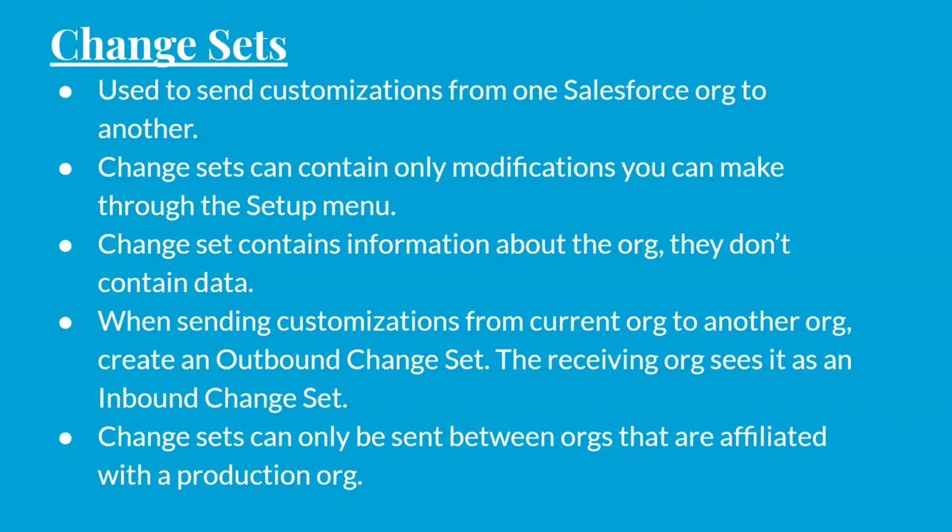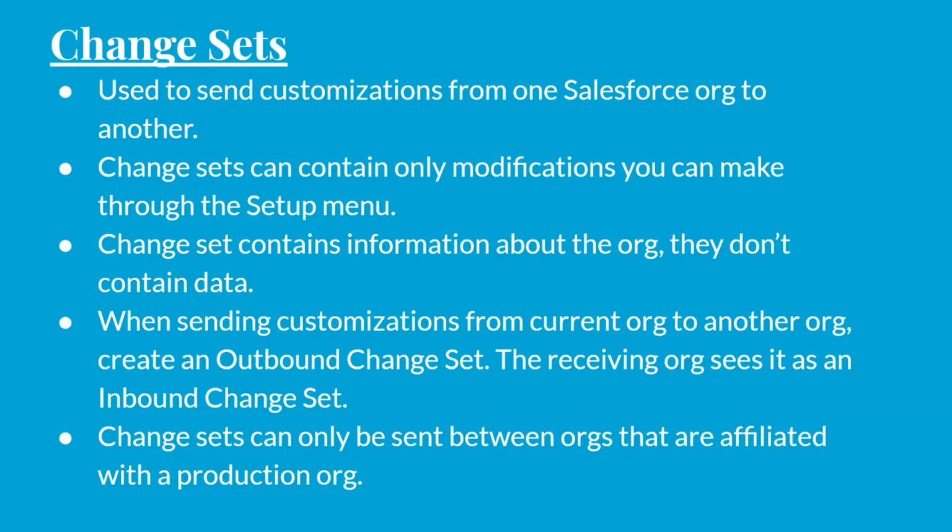Change sets can contain only modifications you can make through the setup menu. Whatever changes you are making using the setup menu, those configurations can be taken care of by change sets. If you are doing any changes related to the data, like if you have created some account records or contact records, those record data cannot be sent through change sets.